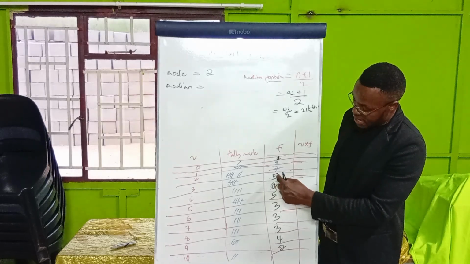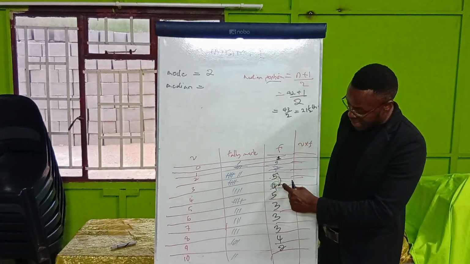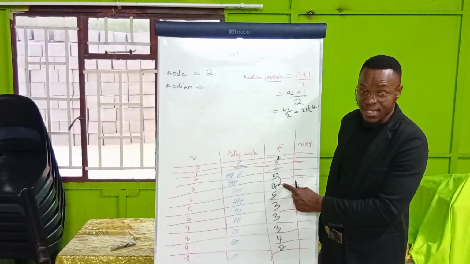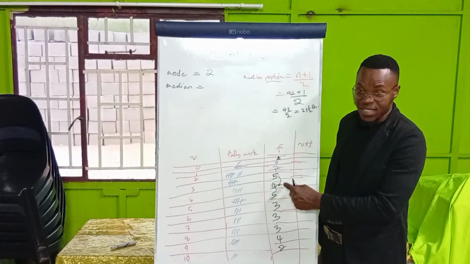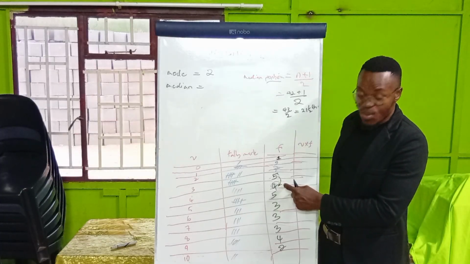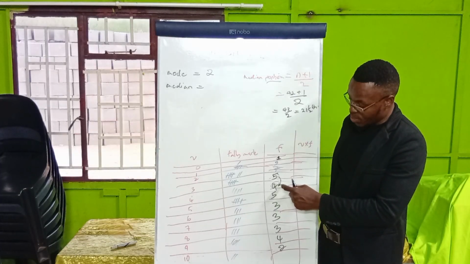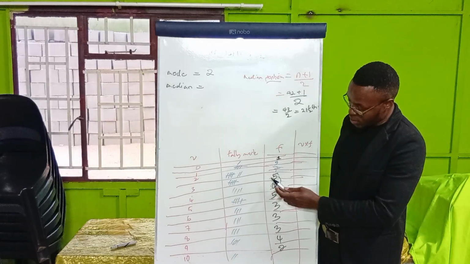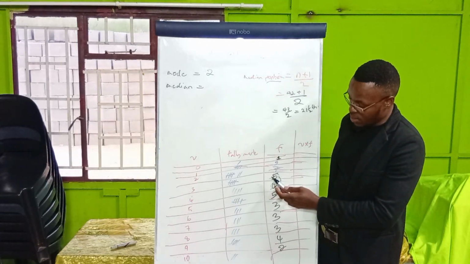So which means 18, 19 is in this region, 20 is in this region, 21 is in this region, which also qualifies for 21 and a half, 22 is also here. So up to position 22, this is where we get the value.